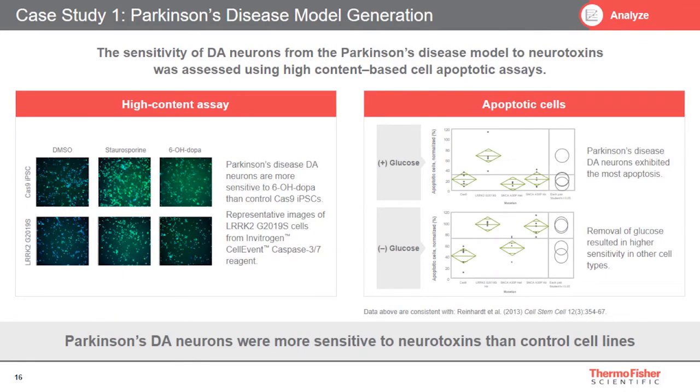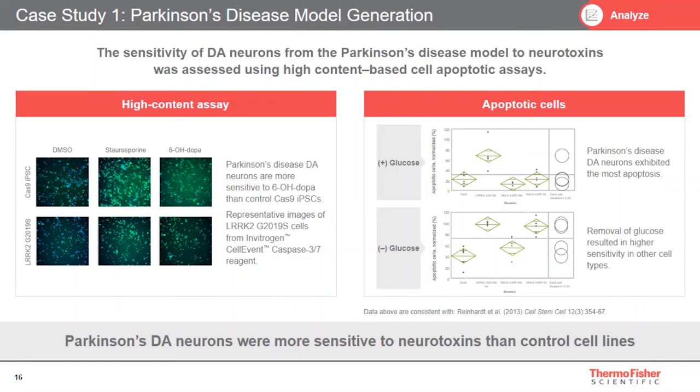And on the left side of the slide, you can see some of the representative images from the high-content imaging assay. Now, on the right side, the top right panel, you'll see the quantified normalized data from the imaging assay, which might be a little bit easier to interpret.